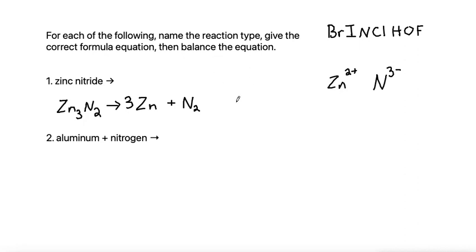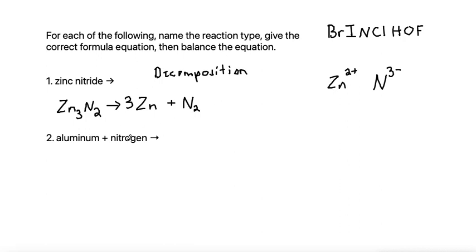And again, as we mentioned, because it starts with something as a compound and it goes to its elements, this is a decomposition type of reaction. Okay, so that is the first one.